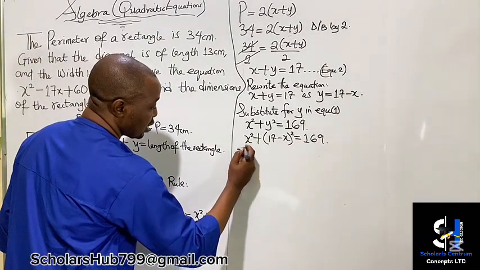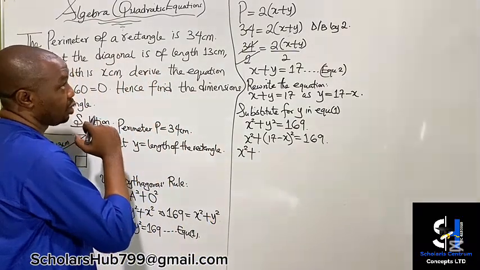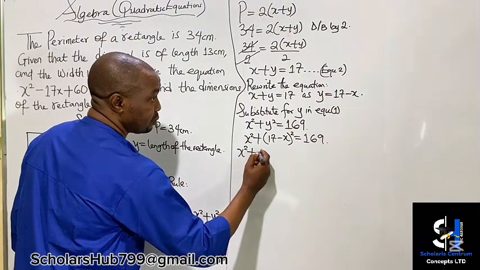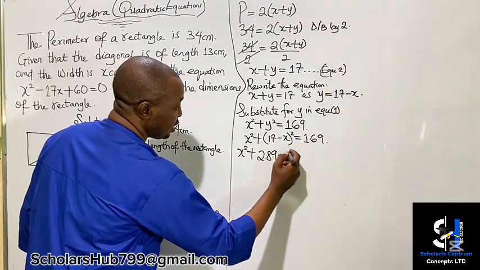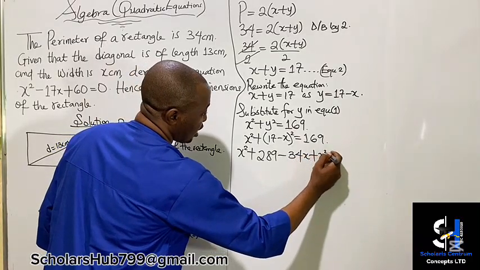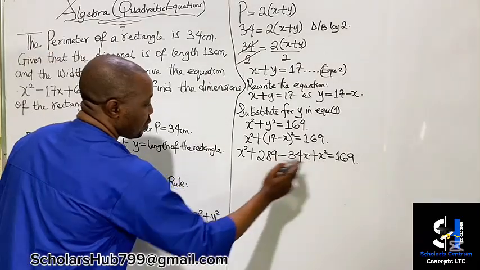So this will be x squared plus 17 squared, that will be 289, then negative 34x plus x squared equals 169. Now let's combine like terms.